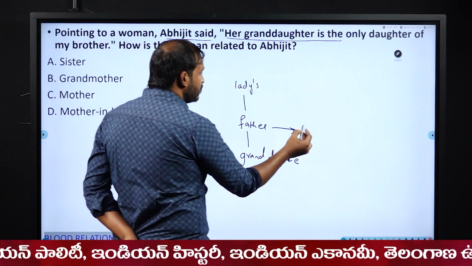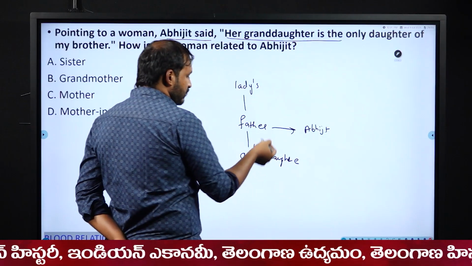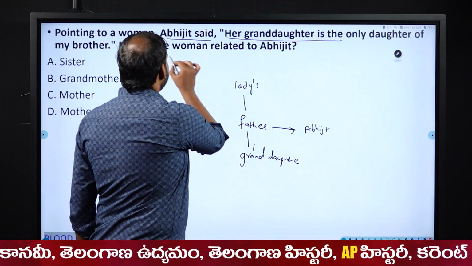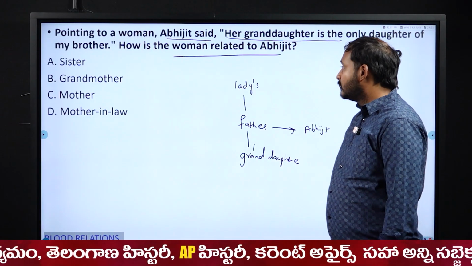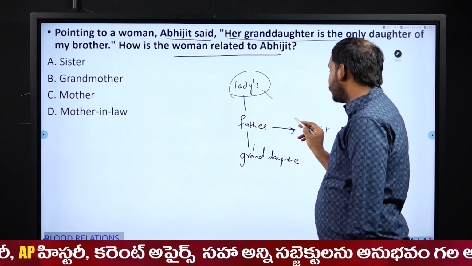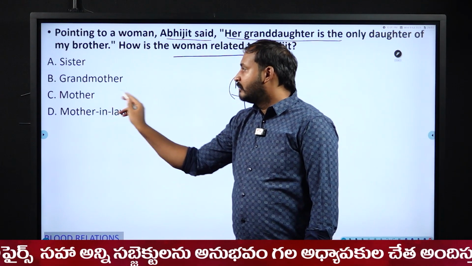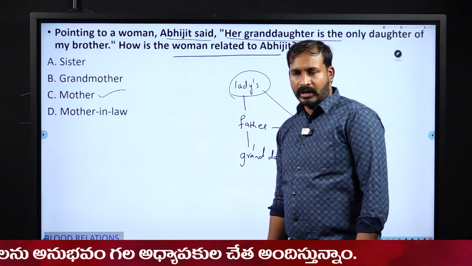My brother means this is Abhijit's brother. Abhijit and that lady's father are brothers. Now, how is that woman related to Abhijit? That lady will become mother to Abhijit. Understood? Mother to Abhijit.